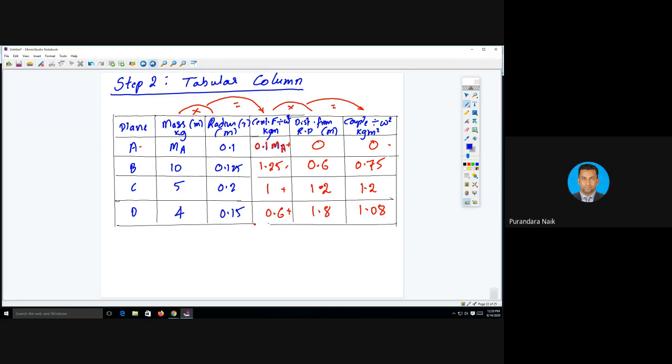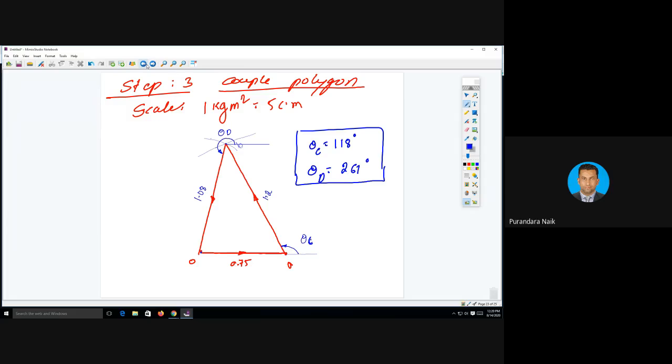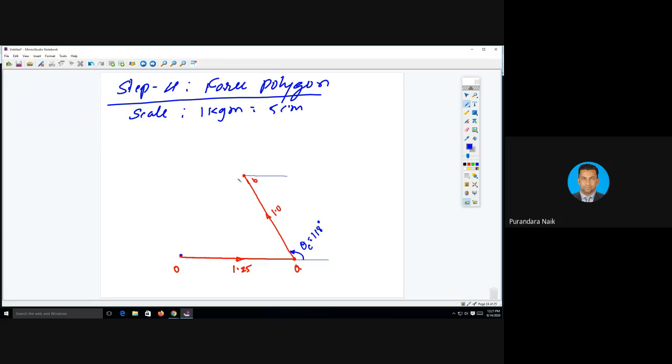The length is 3 centimeter, but the angle of D is 261 degrees. Sorry, not 216, it is 261. 270 is exactly vertical, so this is 261. So this is 3 centimeter.